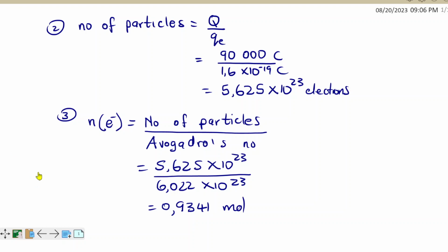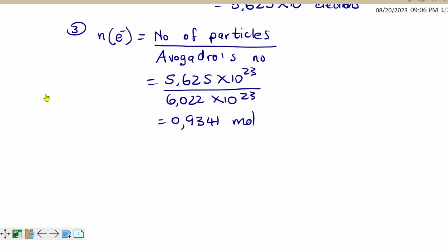Now we need to find out the number of moles of the chromium. We set the ratio there between the chromium and the electron. It is 3:1, or 1:3. If you want to find the number of moles of the chromium now, we need to divide this 3 by 3 and 1 by 3. We divide by 3 both sides.